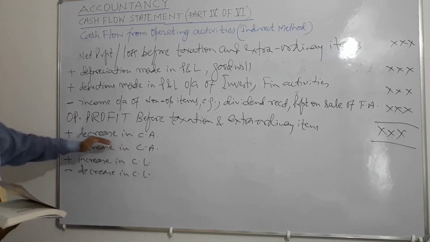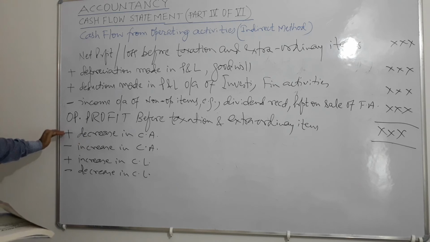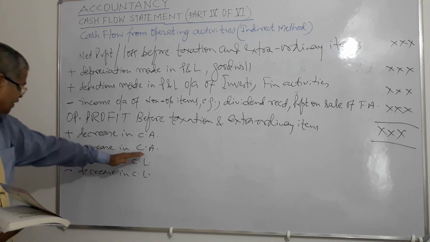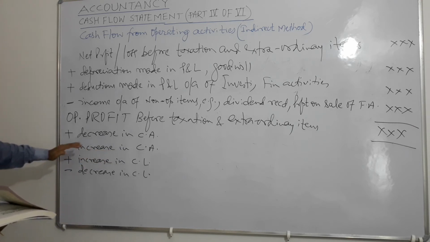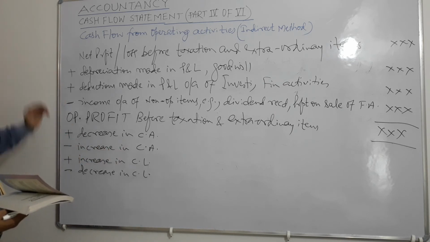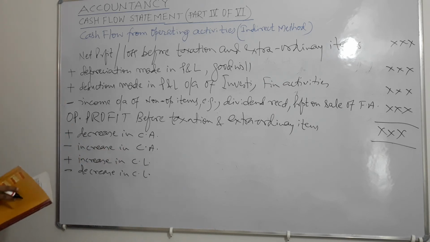Current assets increase is deducted, and current assets decrease is added, right?